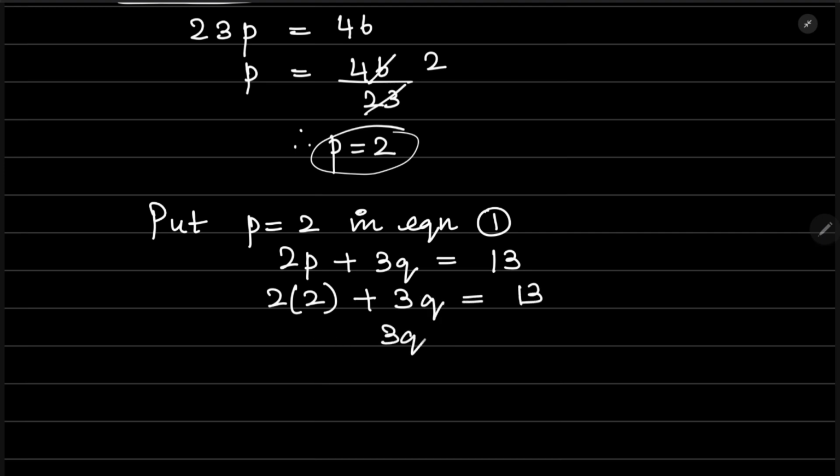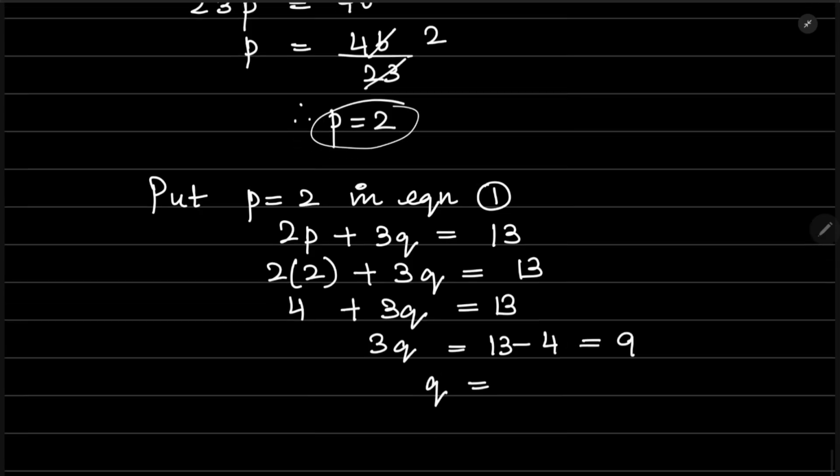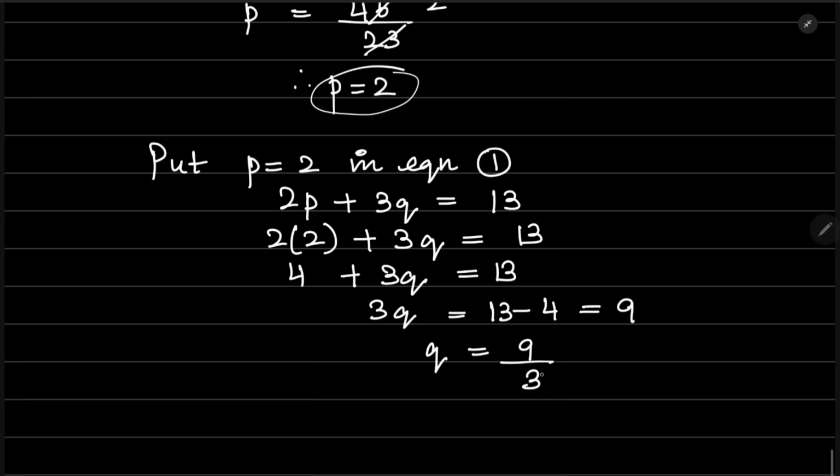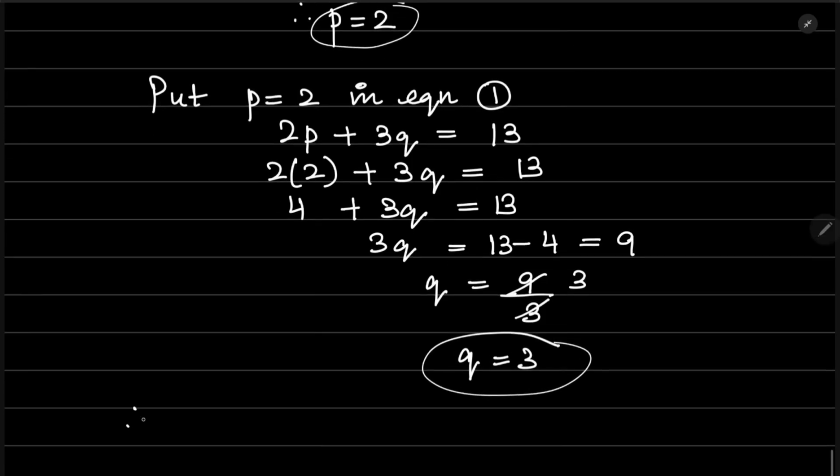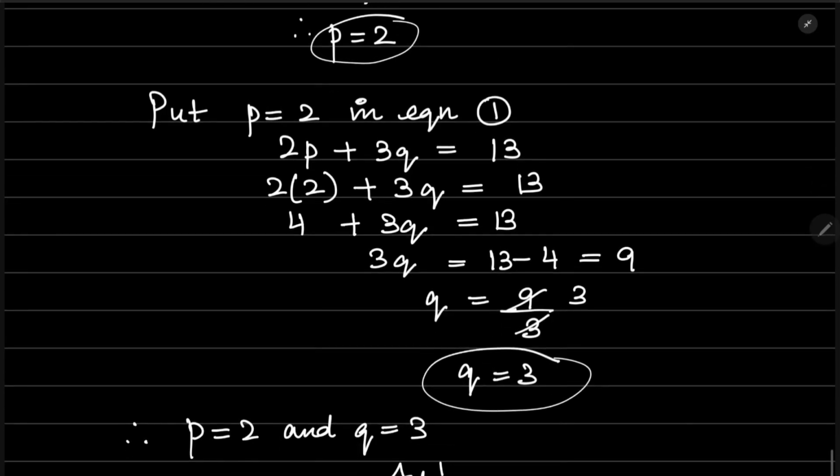Here it is 4 plus 3Q equal to 13. 3Q equal to 13 minus 4, which is nothing but 9. And Q is equal to 9 by 3, which is nothing but Q equal to 3. Therefore P is equal to 2 and Q is equal to 3. This is your final answer. You have solved for P and Q.